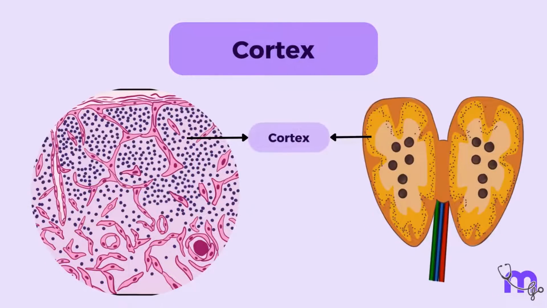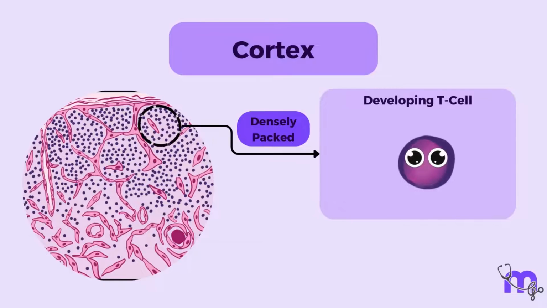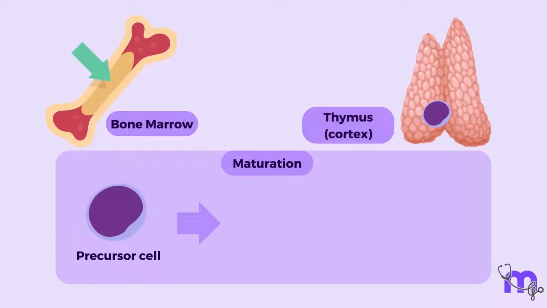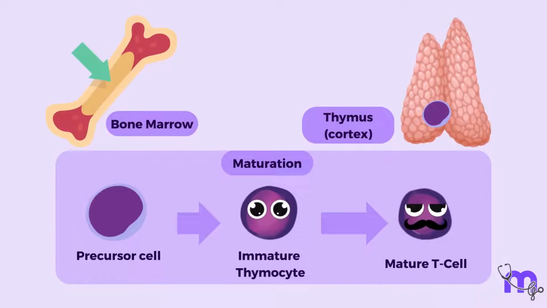The cortex is located toward the outer region of the lobules and is densely packed with developing T cells known as thymocytes, which are the principal cell type within the cortex. They originate from precursor cells that migrate from the bone marrow to undergo a series of steps of maturation within the cortex, transitioning from immature cells to mature T cells.